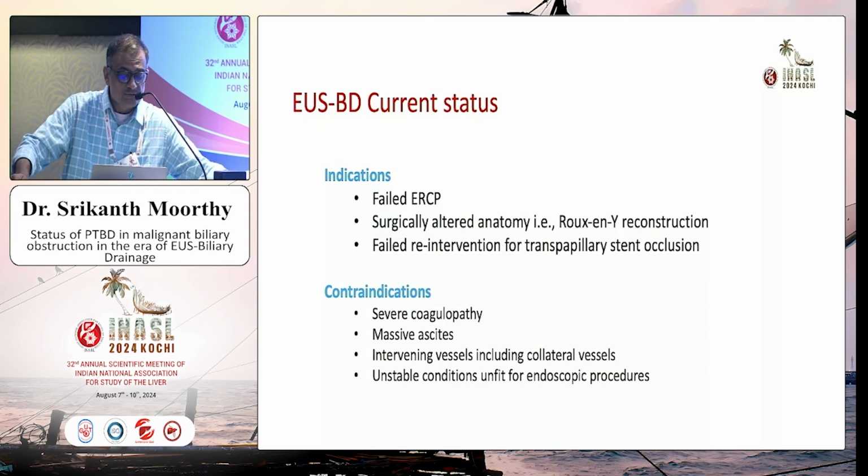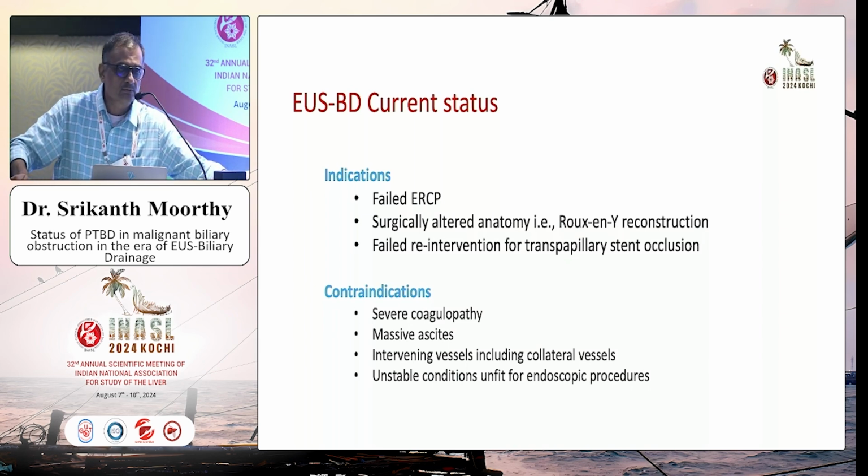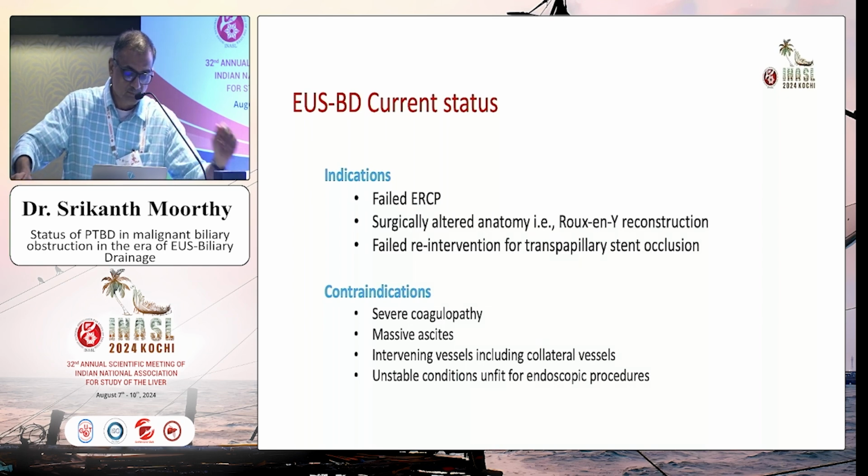Then, of course, you have surgically altered anatomy where the ERCP failed, and re-intervention, that is, you have a stent in place within the bile duct, there's a tumor there, you can't go back in and place another stent if there is a re-obstruction. So these are some of the current situations where one considers using a US.